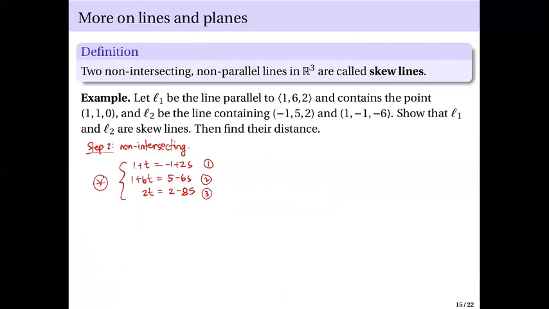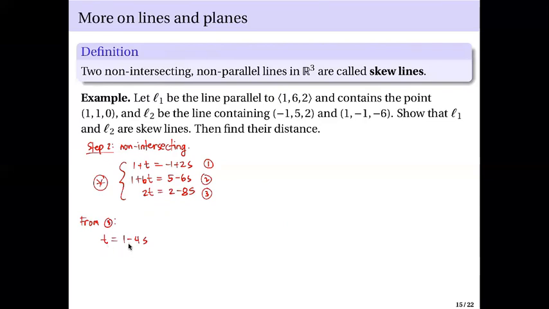And then let's use equation 3. We write t in terms of s. So from 3, t is simply, we divide everything by 2, 1 minus 4s. Okay?